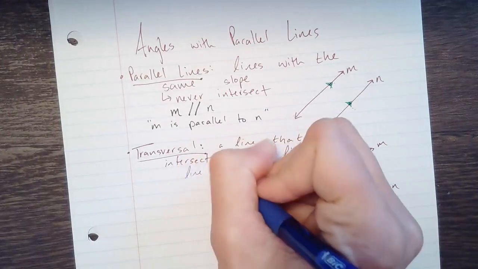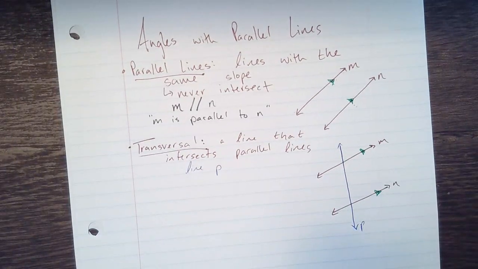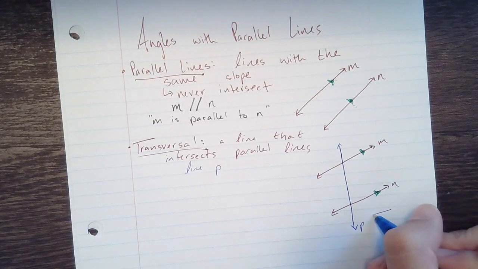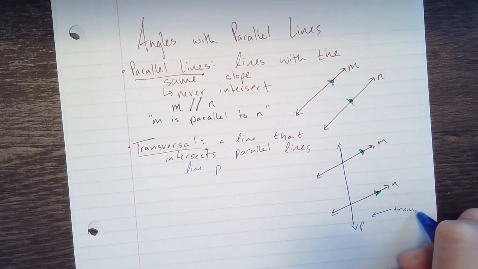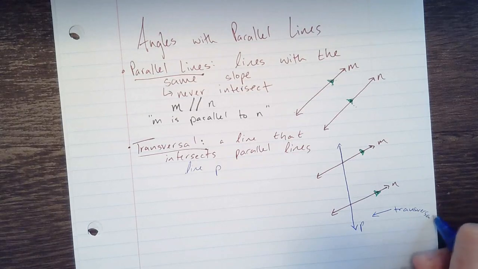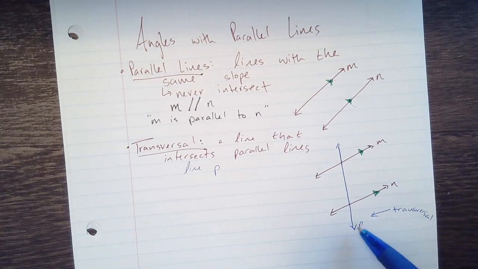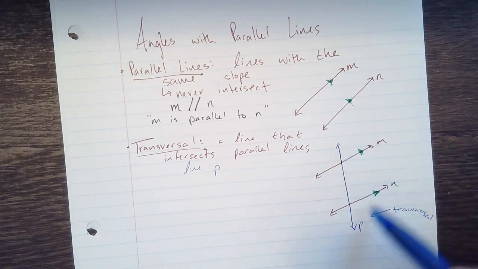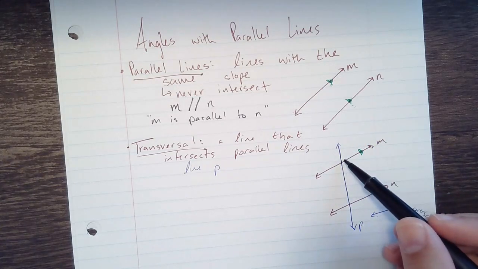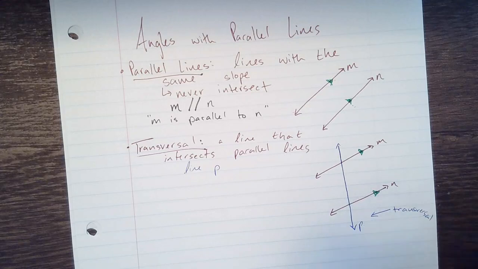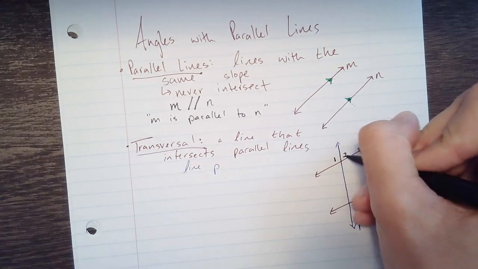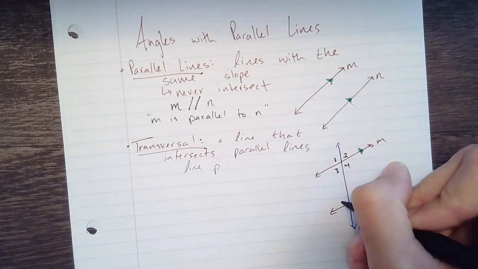Right, so that is going to be a transversal. And so this line here is our transversal. It's crossing over those parallel lines. And you might notice once it crosses over, it creates different angles. So let's say 1, 2, 3, 4, 5, 6, 7, and 8.